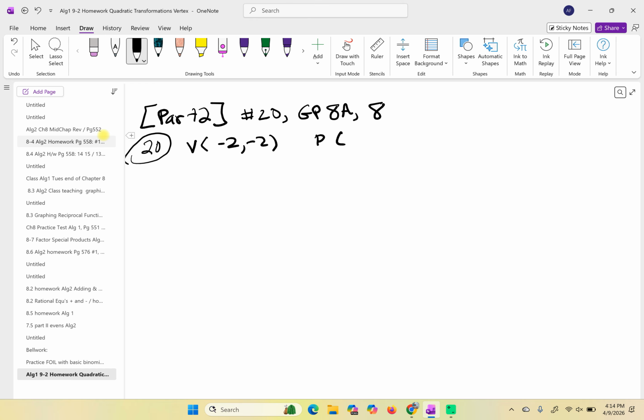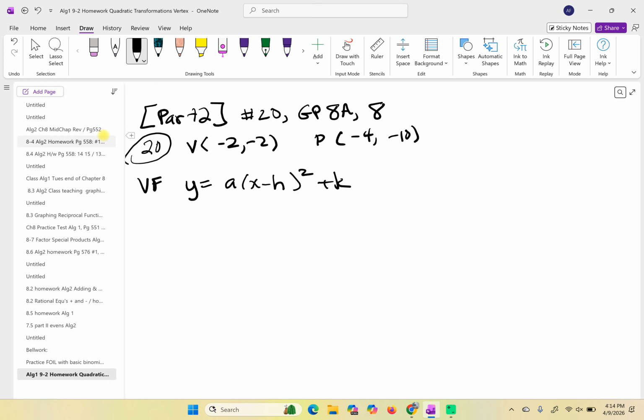Number 20, we have a point on the graph that is -4, -10. We're going to use the vertex form of an equation. You should write this out as well because this helps you to memorize it, and yes, you need to memorize it.